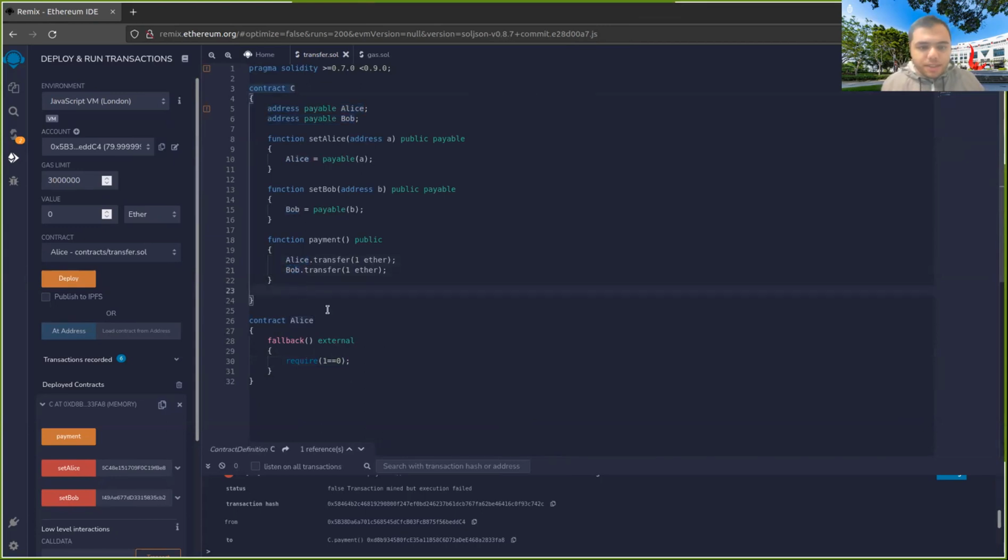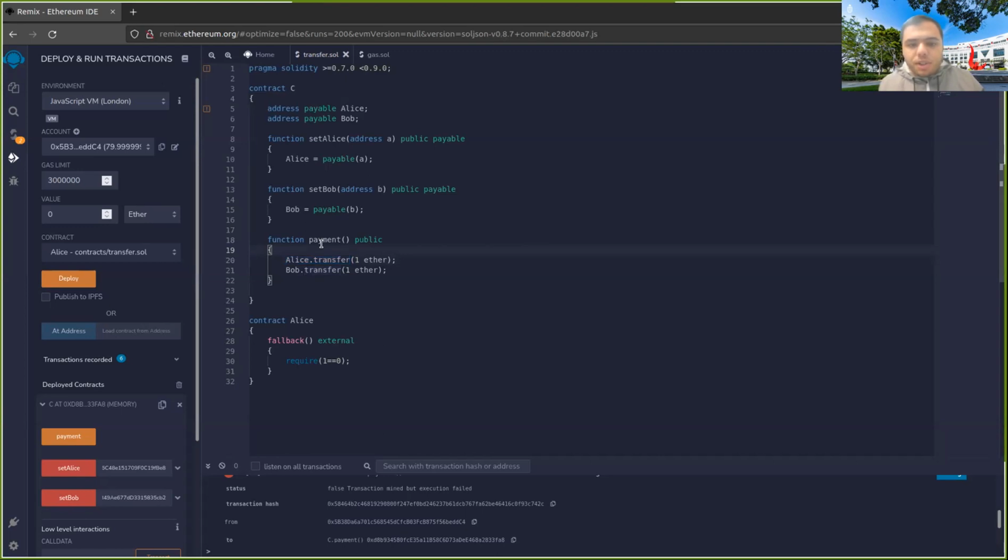Now, how can we fix this? Well, there are several fixes. I'm going to just show you one. We've already talked about the differences between transfer, send, and call. And if you remember, we said that if you use transfer and an exception happens, then the exception will also revert the current function.